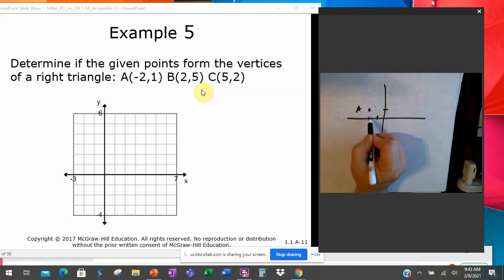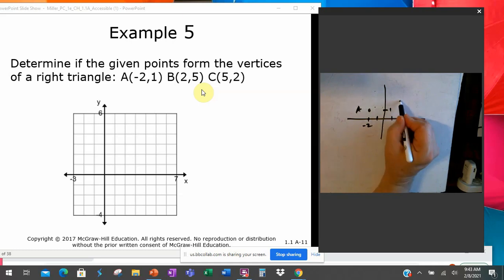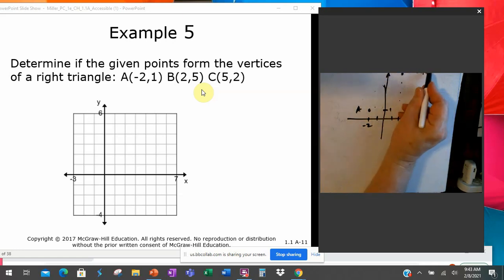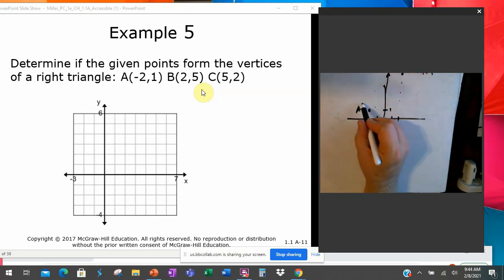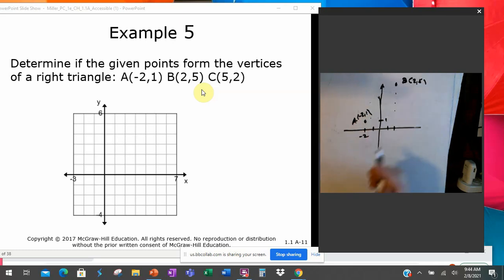That would be your A. And then B would be 2, 5: 1, 2, 3, 4, somewhere up here would be my 5. A is -2, 1. Okay. And then C is 5, 2: 1, 2, 3, 4, 5, somewhere here, about here. Okay.